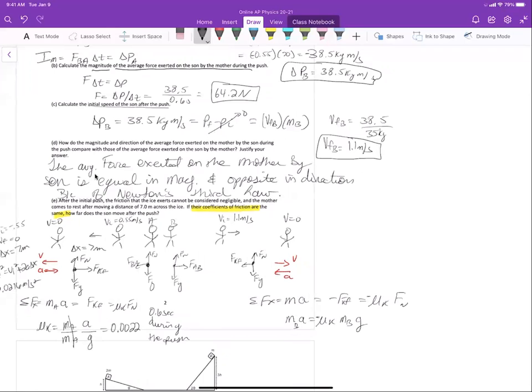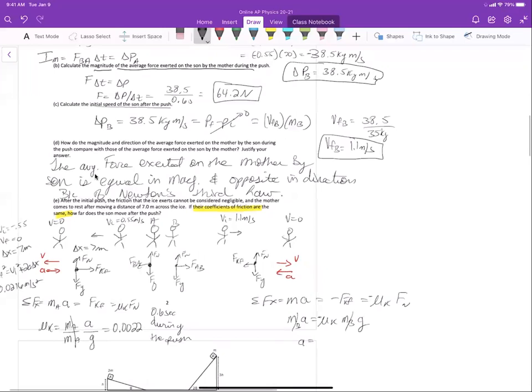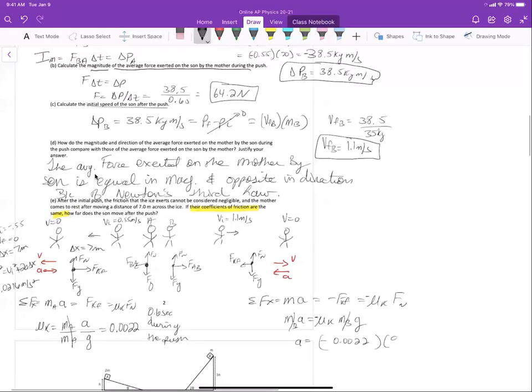And I can now solve for acceleration, which will be equal to, masses cancel, negative 0.0022 times 9.8. And sure enough, what do we get? We get the exact same acceleration that we had for the mother, 0.0216. Forces were the same.